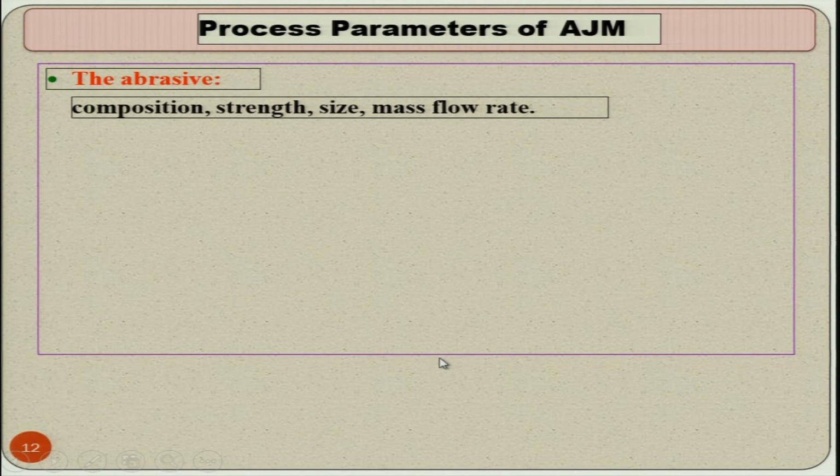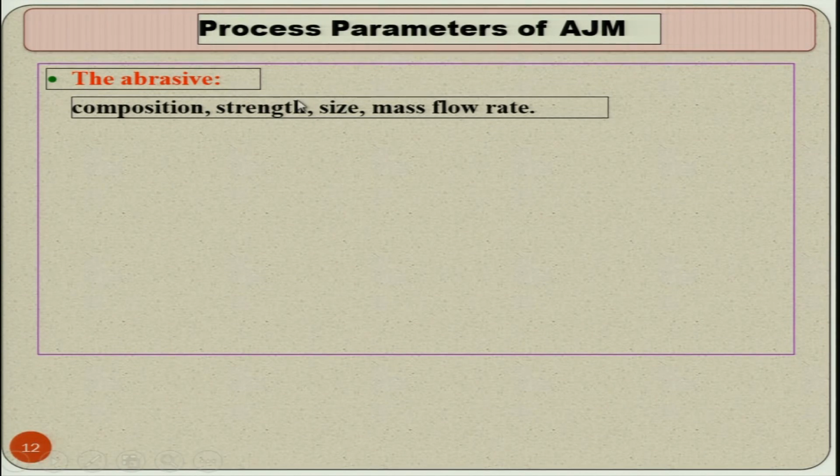The abrasive is one of the important parameters of abrasive jet machining. Composition of the abrasive particle, strength of the abrasive particle, size of the abrasive particle, and mass flow rate, all of them are going to affect the process performance.